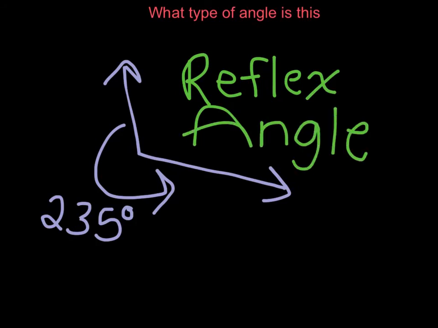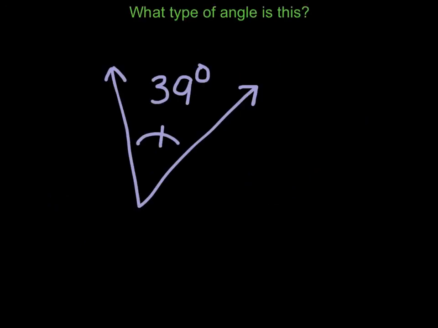Alright, so we'll do one more question. Okay, so what type of angle is this? We know the degree measurement is 39 degrees. So, is this a right angle? No, because it's not 90 degrees. Is this an obtuse angle? No, because it's not between 90 and 180 degrees.